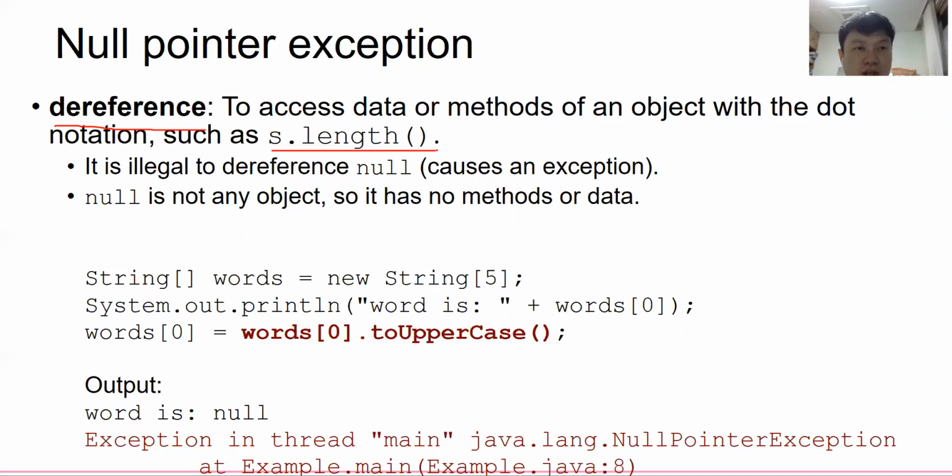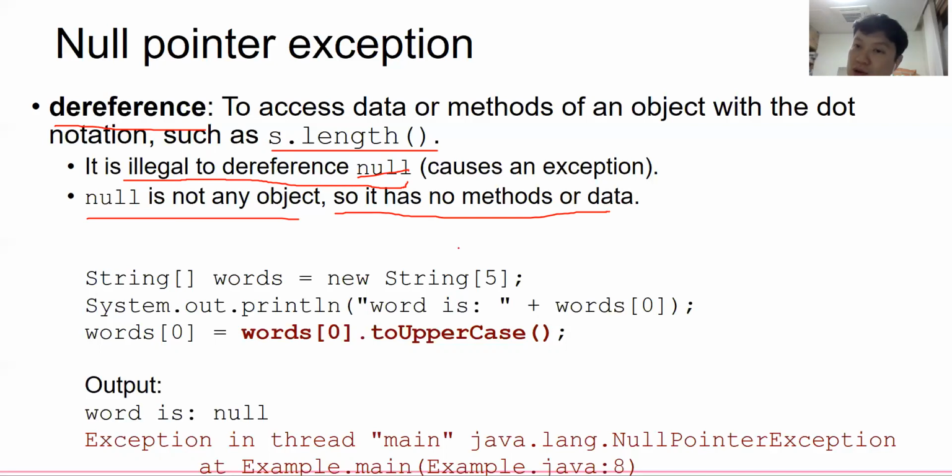It is what we call dereference, because I want to extract from the data, from the array. So when it is null, it is illegal. It is not working if your data contains null. Null is not any object, so it has no methods or data.